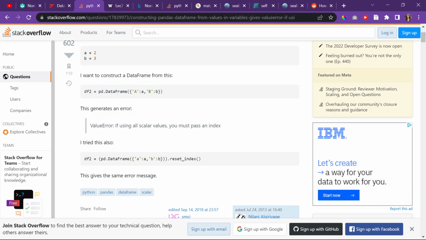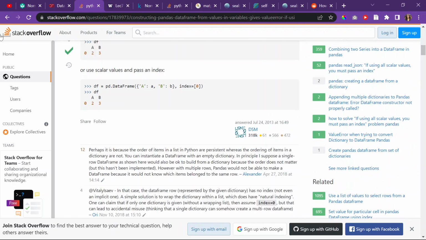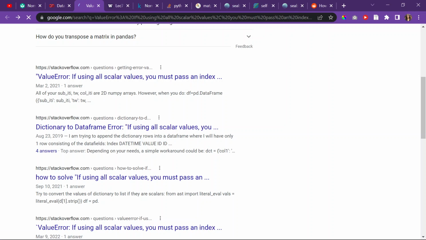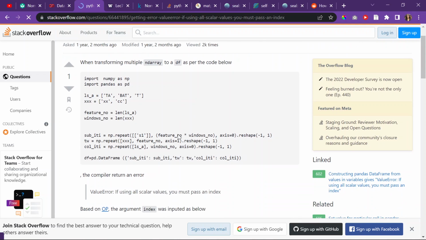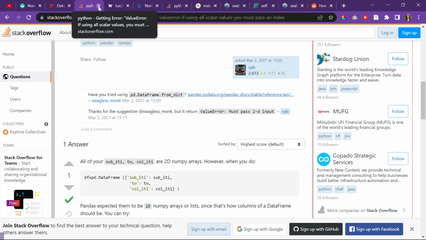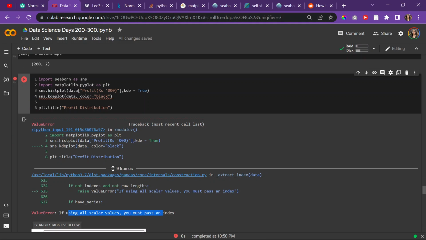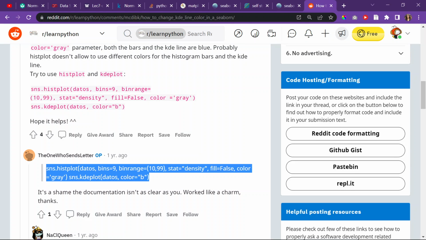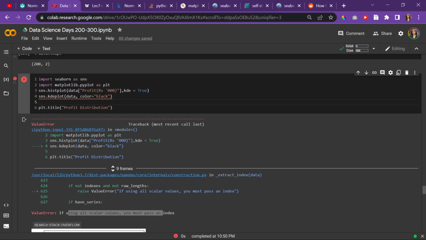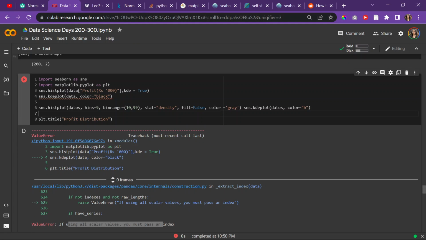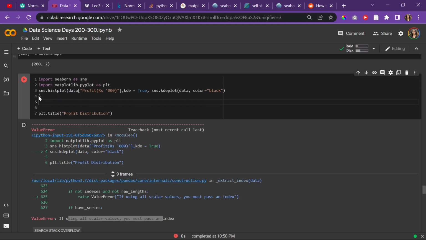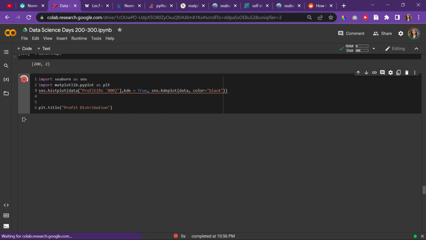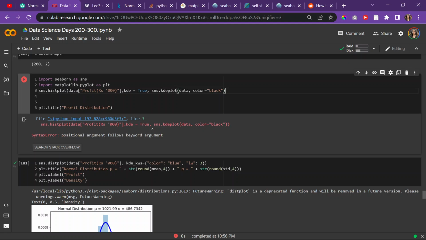Check the data frame. This is not useful. Well, this is definitely not working. What if I try? Oh, it's inside. That doesn't make sense.